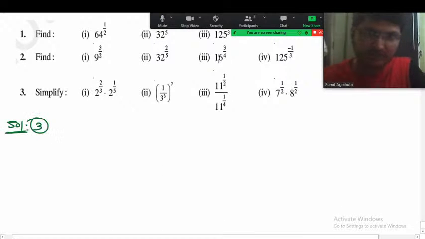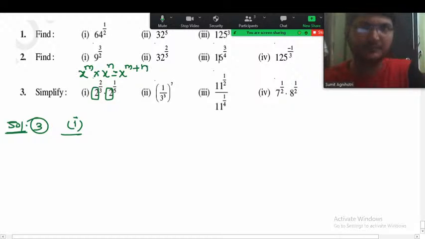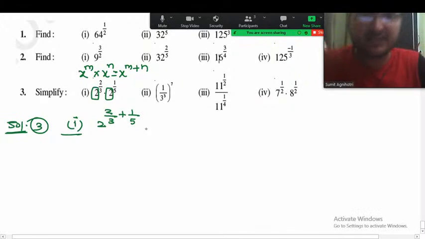Solution, third, first part. What will you do here? Will you use this identity? Because your bases are same, that is why you will add their exponents, isn't it? Yes, sir. Because the bases are same. Now how can we add their exponents?